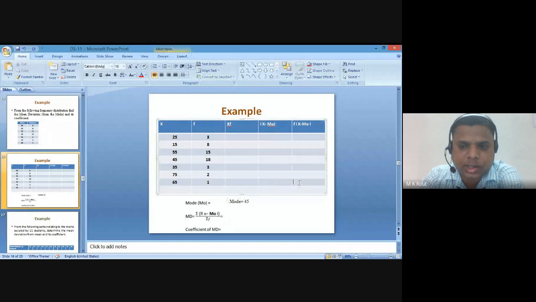You just tell the last digit, summation of f into x minus mode. What is the sum? Anyone?